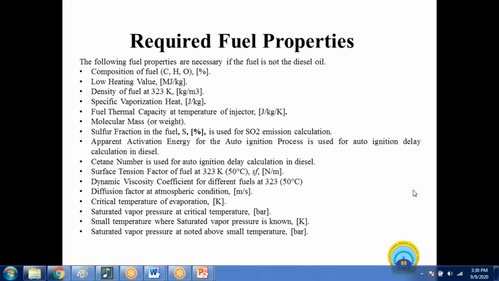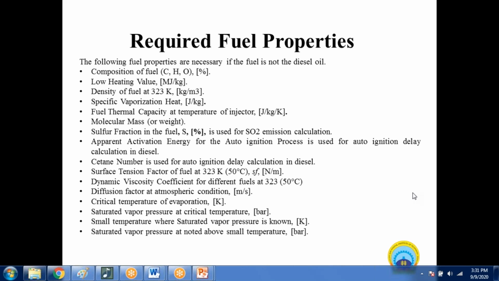So these are the main properties if we are using fuel other than diesel. These are the properties which we require, suppose if we are doing some blending, microalgae, and also edible oil, non-edible oil, whatever we can do. But before that, we have to know all the properties as input data. This document does not describe the functions of the preprocessor.